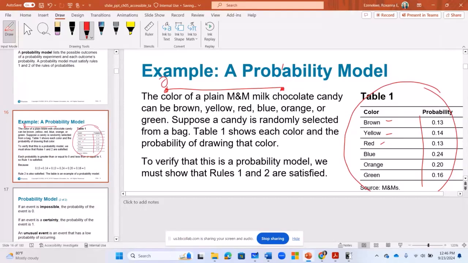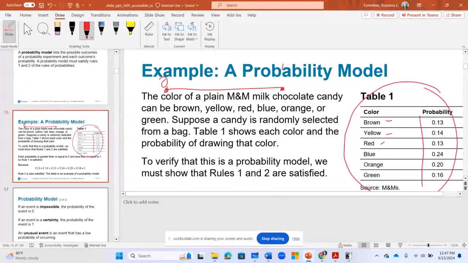If the probability is 1, we'd say that the event is a certainty. It must happen. If the probability is 0, the probability of the event happening is 0. It cannot happen. It's impossible.